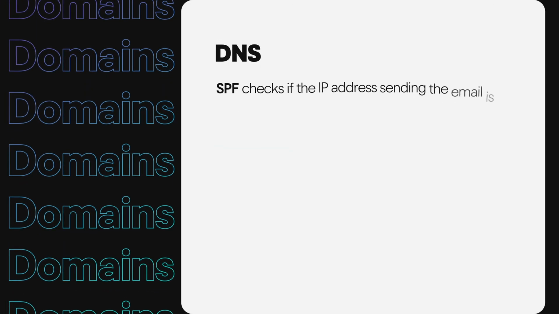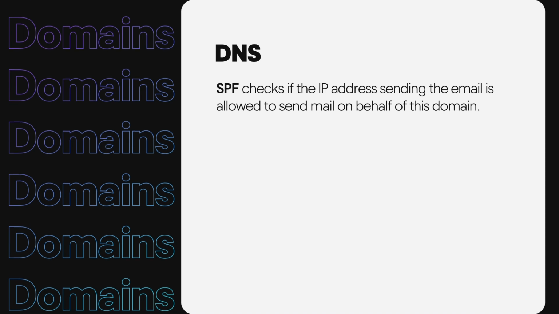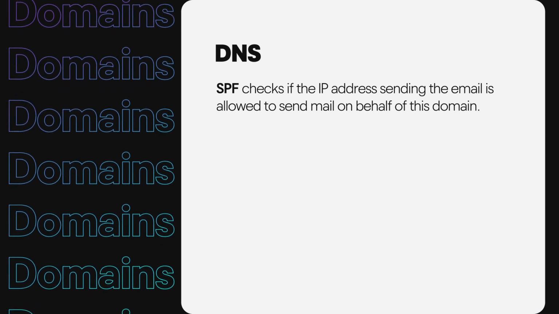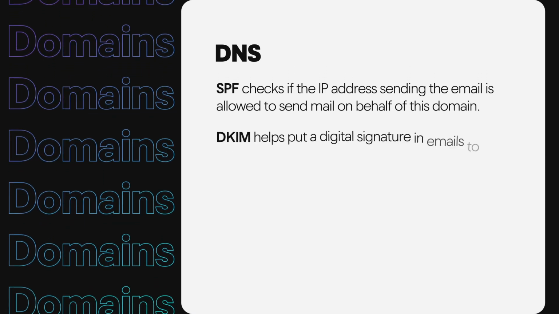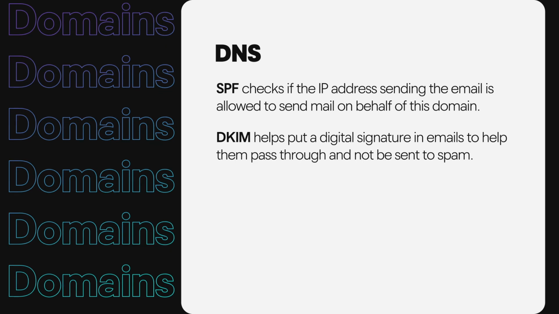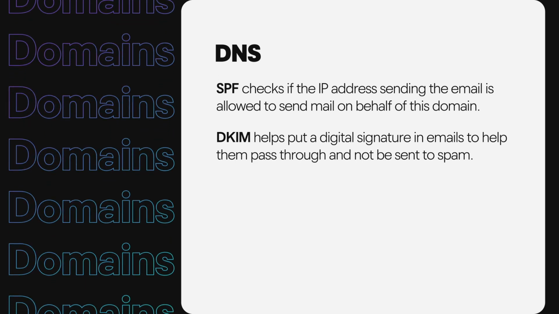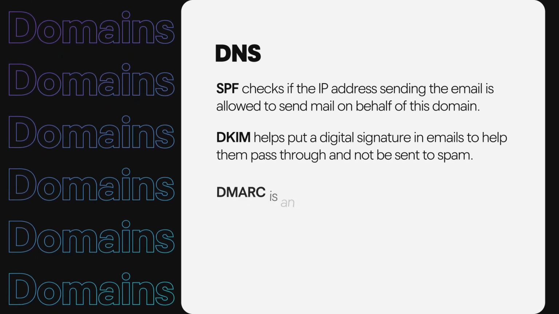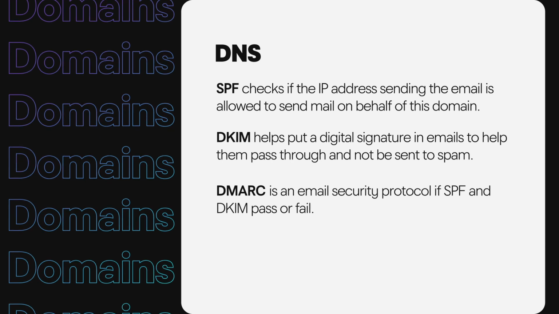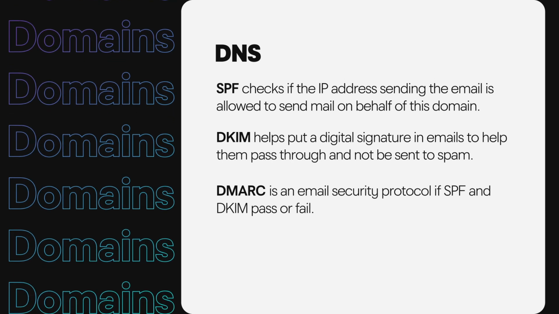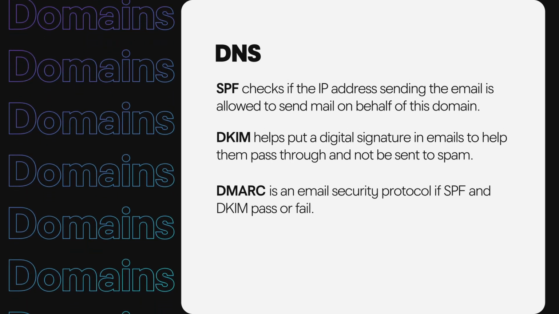SPF checks if the IP address sending the email is allowed to send mail on behalf of this domain. DKIM helps put a digital signature in emails to help them pass through and not be sent to spam. DMARC is an email security protocol that decides what happens if SPF and DKIM pass or fail. And yes, we are still speaking English.